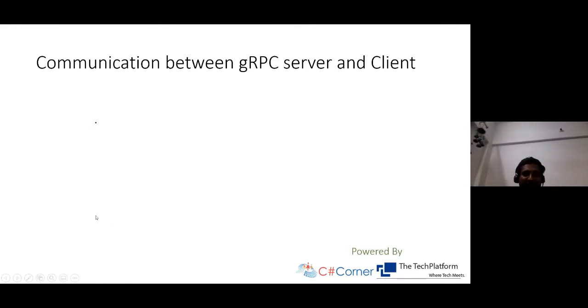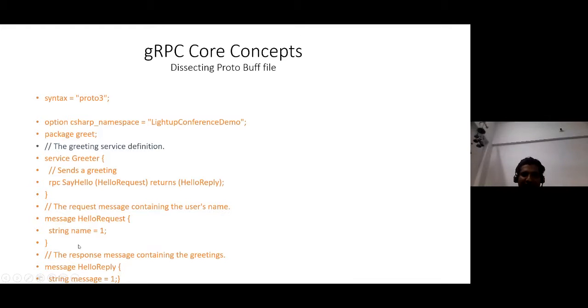And these message hello request and message hello reply are nothing but the models that we use in our web API. Basically, what this protocol buffer file is telling us is that we are defining a greeter service which has a say hello method which accepts a hello request object and returns a hello reply.